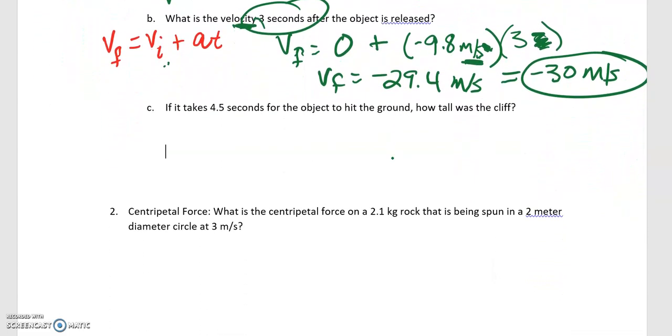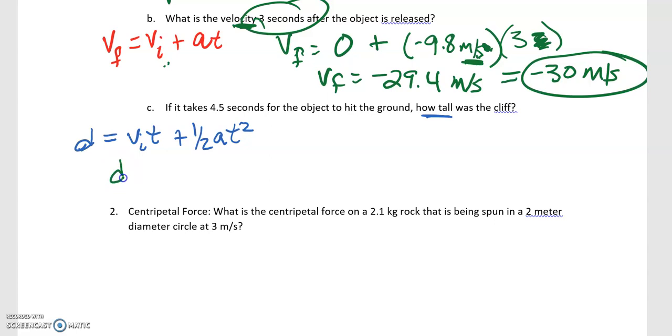Okay, now question C says, if it takes 4.5 seconds for the object to hit the ground, how tall is the cliff? Well, on our formula sheet, we have another formula dealing with distance, and that would correspond to how tall something is. What's the distance that it fell? So our formula says that d is equal to initial velocity times time plus 1/2 acceleration times time squared.